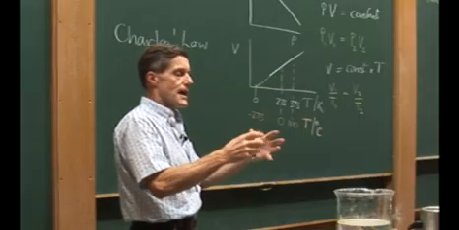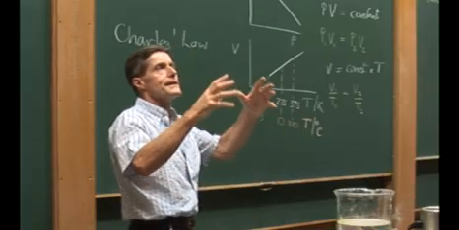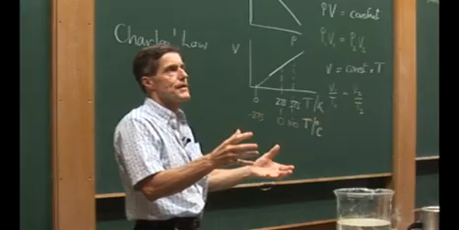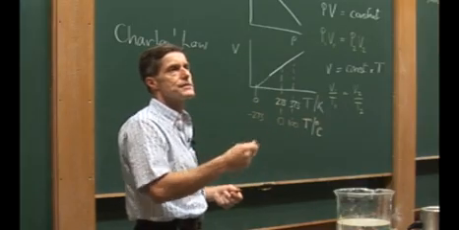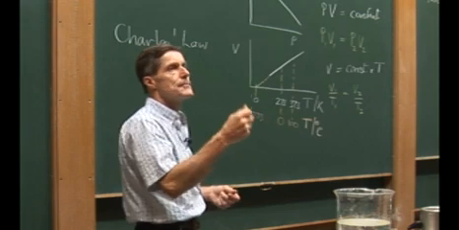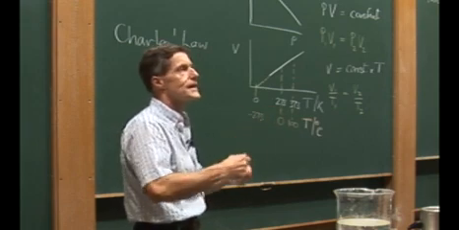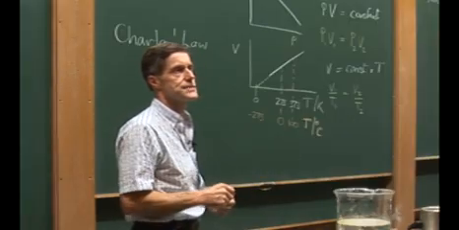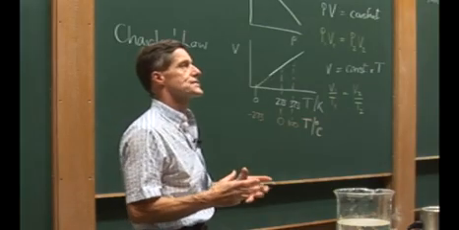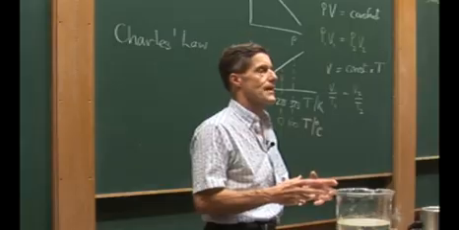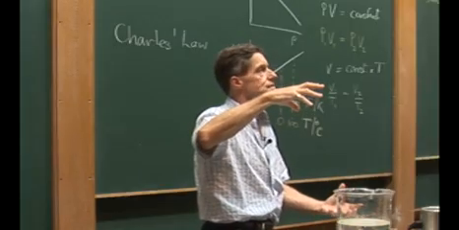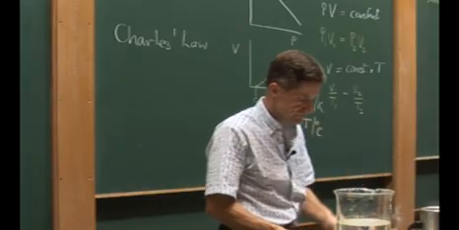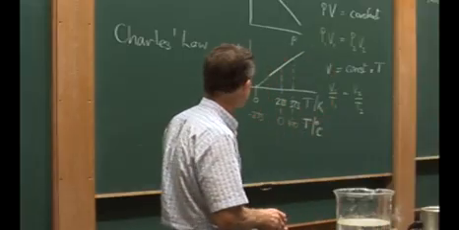And if, as with my balloon, I have a flexible volume at atmospheric pressure, and I slow down the movement of the particles, they will be hitting the inside of the balloon with less force and less often than when the gas is at room temperature. That translates to a reduced pressure. And as a result, the constant 1 atmosphere pressure outside tends to reduce the volume of the balloon, and we end up with a smaller size.